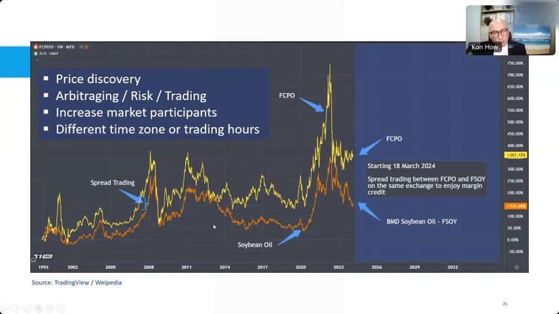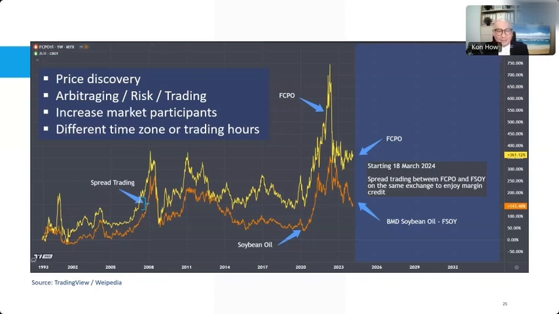But based on the past history, you could see that they moved in tandem. But in different periods, the spread became wider. So I think it's good to understand the similarity. Maybe Susan wants to take on this question: the similarity between the many applications, what are they?